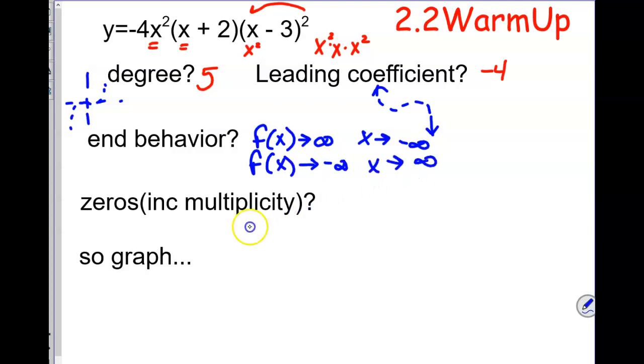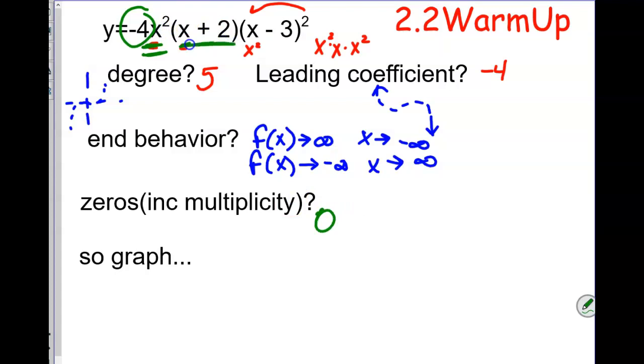Okay, what are the zeros? Very important concept. Is -4 a zero? No. Okay, it reflected and stretched the graph. But the three numbers that would make this be 0 are, if we put in a 0 for this x squared, right?